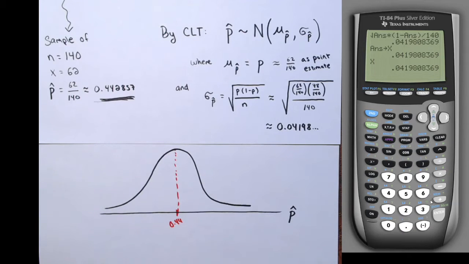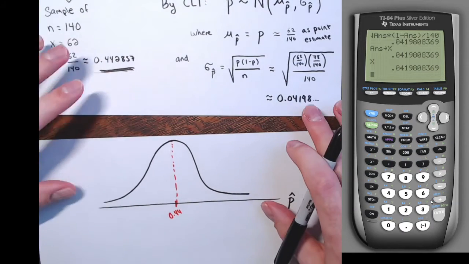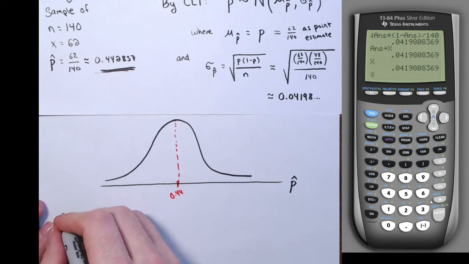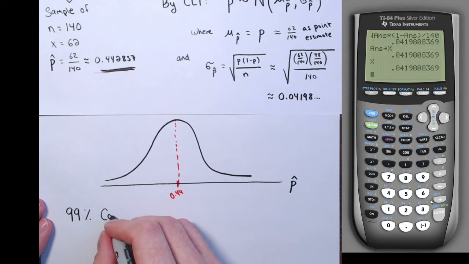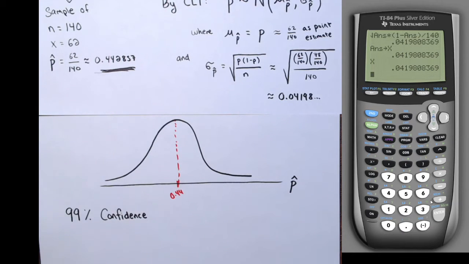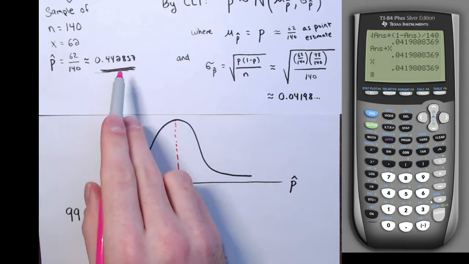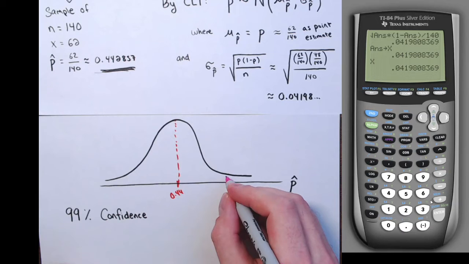Now, we are asked to create a 99% confidence interval. So our confidence level is 99%. What that means is we're looking for these values. From the middle, from 0.44 here, the p hat, my point estimate, we're going to add a margin of error.